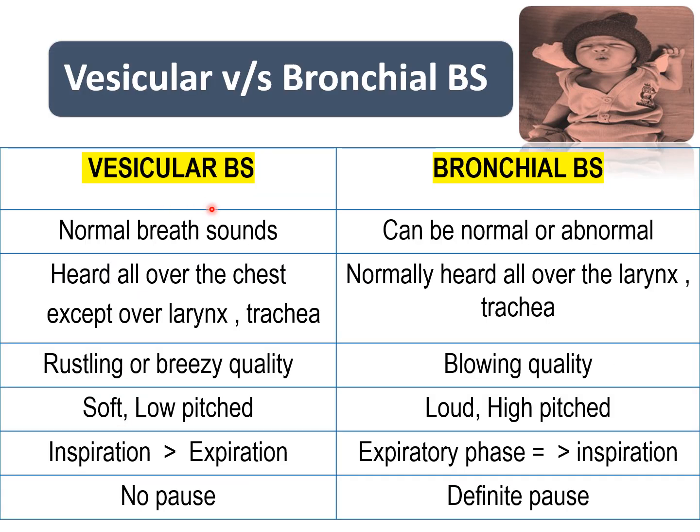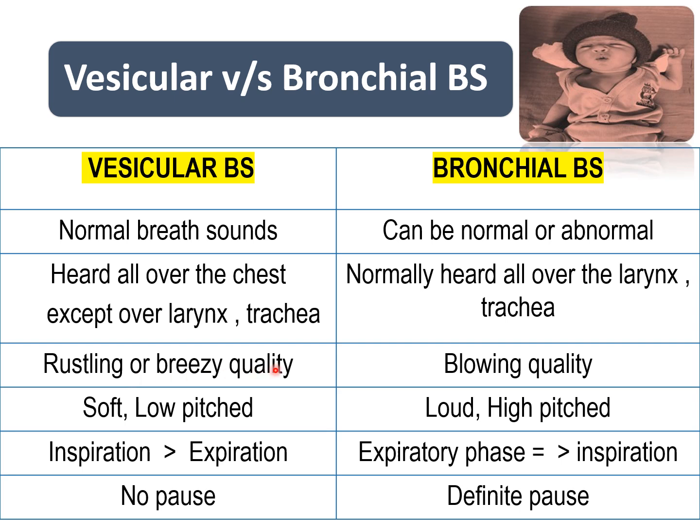So this table is showing the difference between vesicular and bronchial breath sound. Vesicular is always normal. Bronchial can be normal over the larynx and trachea; in the lung field, it is always abnormal. Vesicular is heard all over the chest except over the larynx and trachea, because over the larynx and trachea the breath sound quality is bronchial.